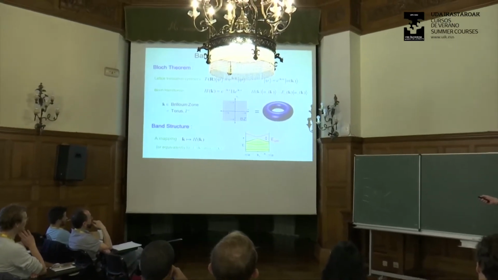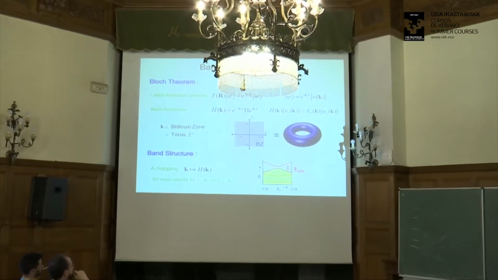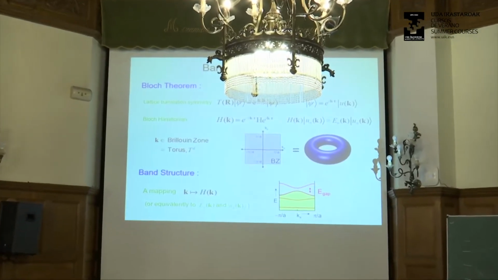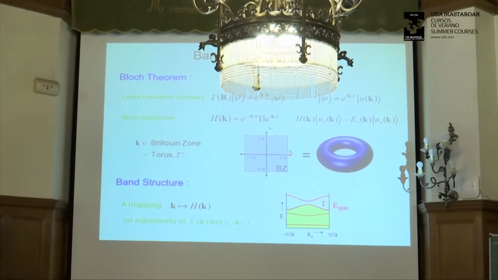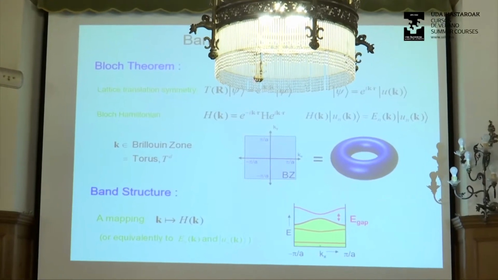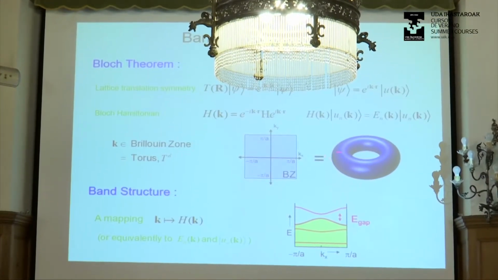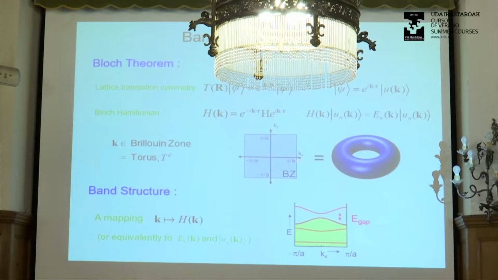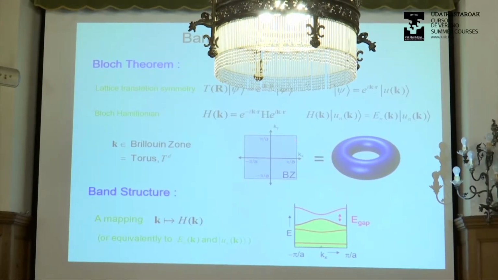That eigenstate of the translation defines the crystal momentum k, and the important thing about the crystal momentum is that it lives in a Brillouin zone, which has the topology of a torus. So plus pi and minus pi are actually the same point in crystal momentum.